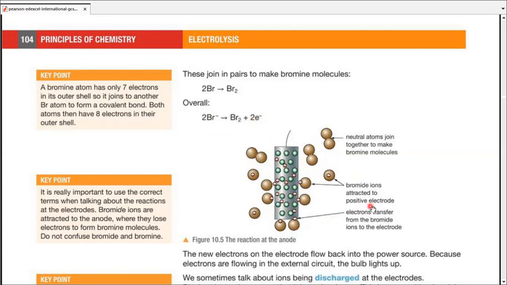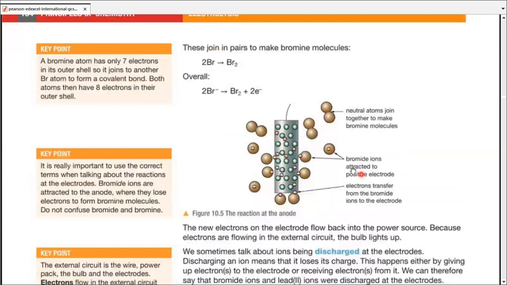This happens over the anode. The bromine atom has only 7 electrons in its outermost shell. Remember, the bromine atoms can mutually share electrons to form a covalent bond. Both atoms have 8 electrons in their outermost shell. We say that the octet rule has been followed.